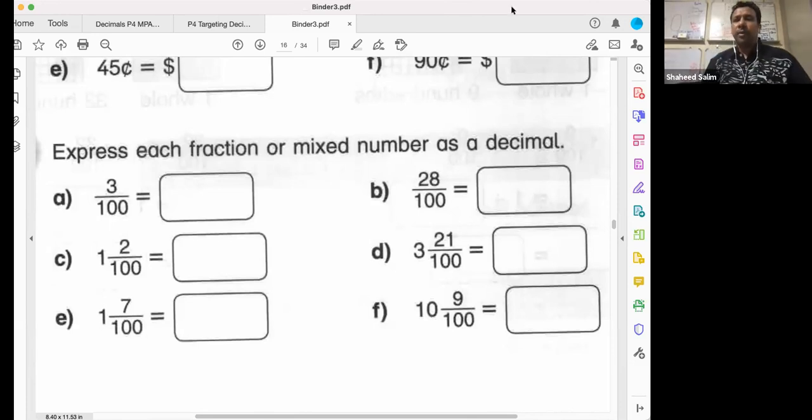Alright, we have the first one coming in. Well done, Putra. Well done, Shafia.